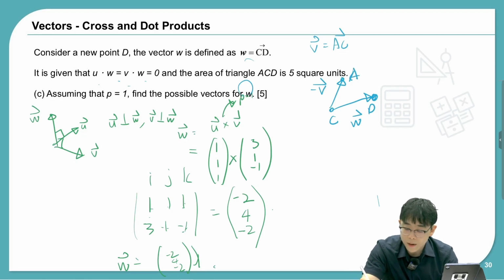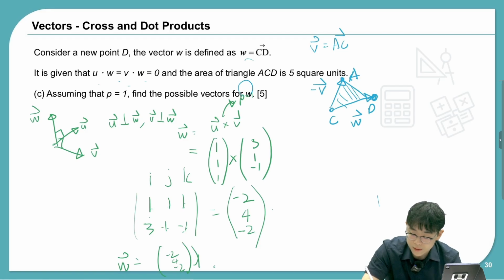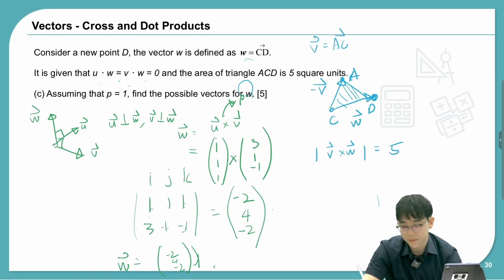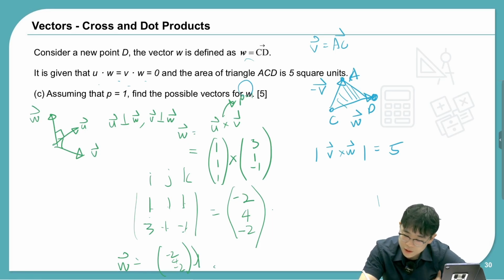If you find the area of this triangle, it's going to be 5 square units. So if you take the modulus of v cross product w, that's just going to be 5. Technically you have to do -v, but you don't have to worry about that because we're just going to solve for the parameter anyway. Either way, it's going to work out in the end.